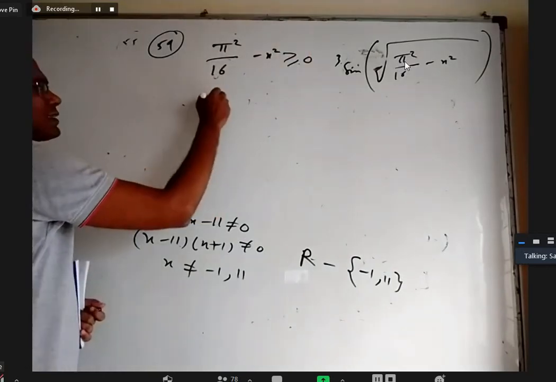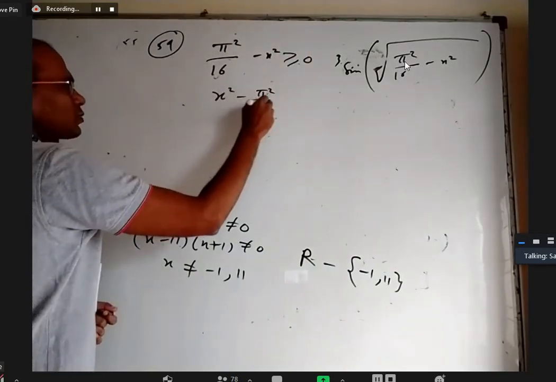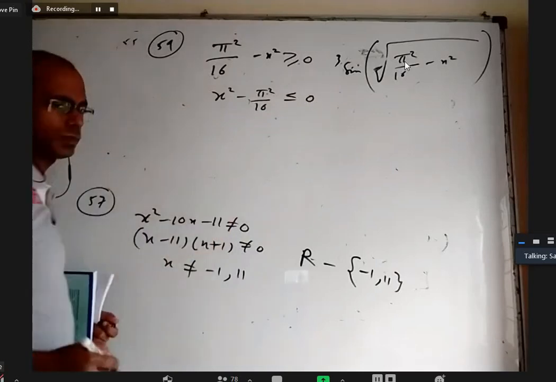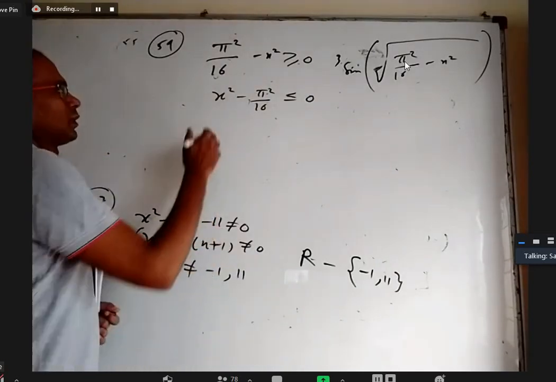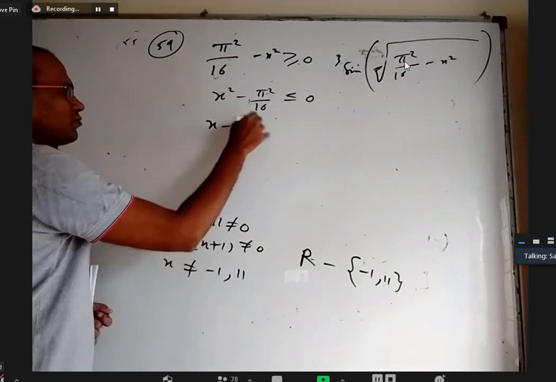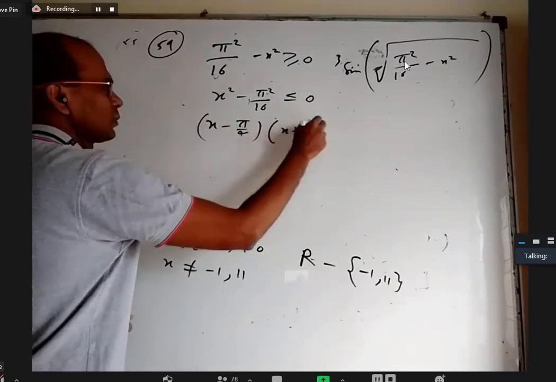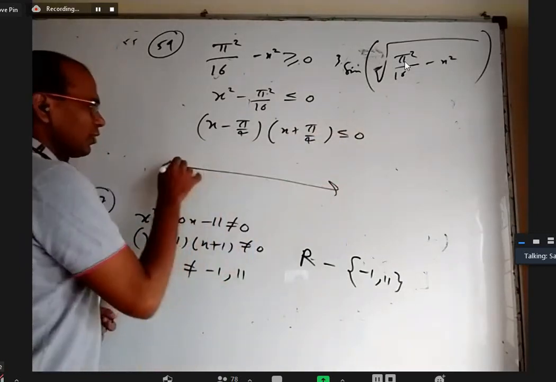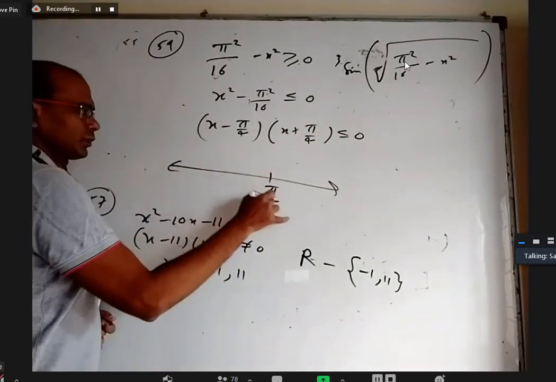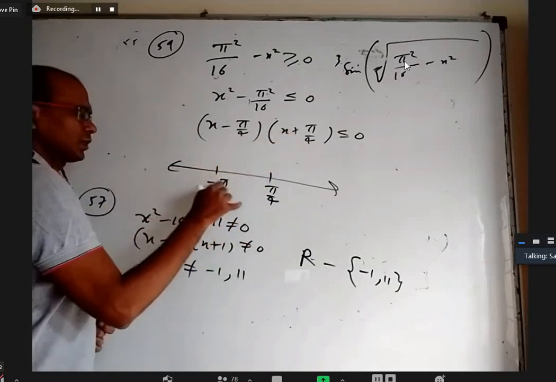I'll multiply with minus and write x square minus pi square by 16 less than or equal to 0. Don't send pi square by 16 to that side and apply square root or something. You have to write (x minus pi by 4) into (x plus pi by 4) less than or equal to 0. Where this is 0 is at pi by 4. Where this is 0 is at minus pi by 4.